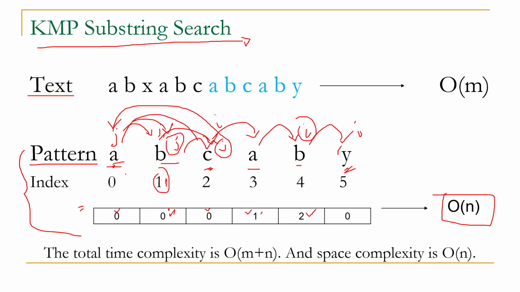This occurs repeatedly again and again. So this is mismatched and there is nothing to match here. We can put the index of this index, so this is 0.